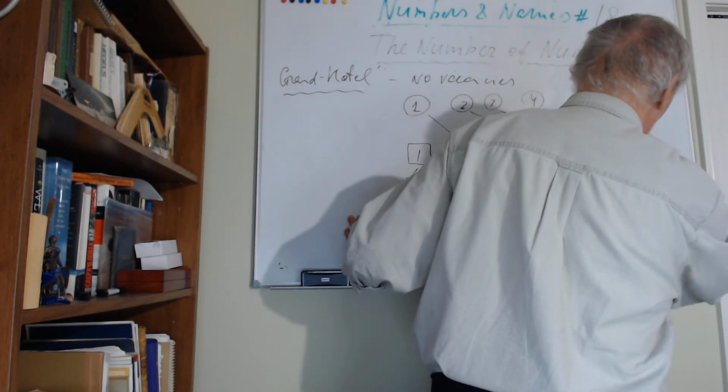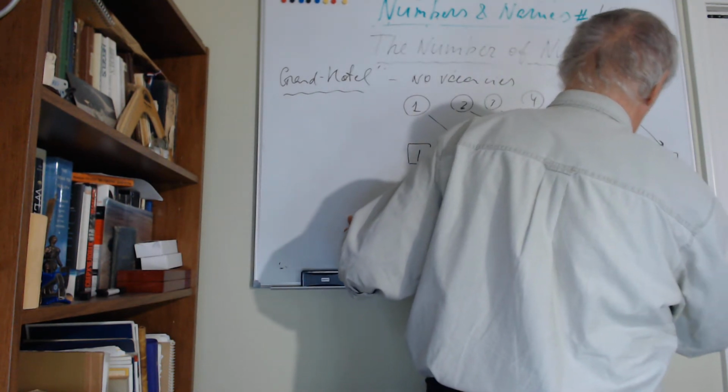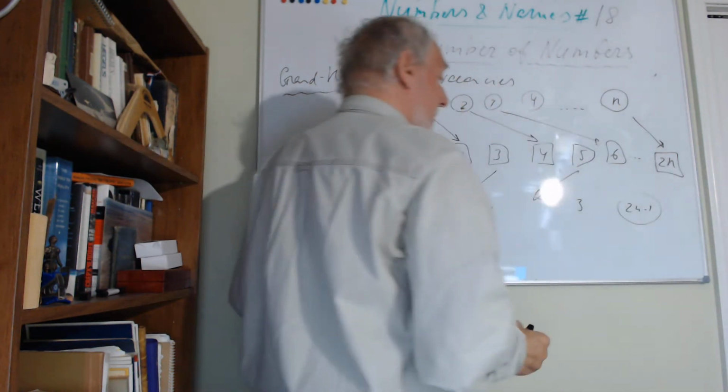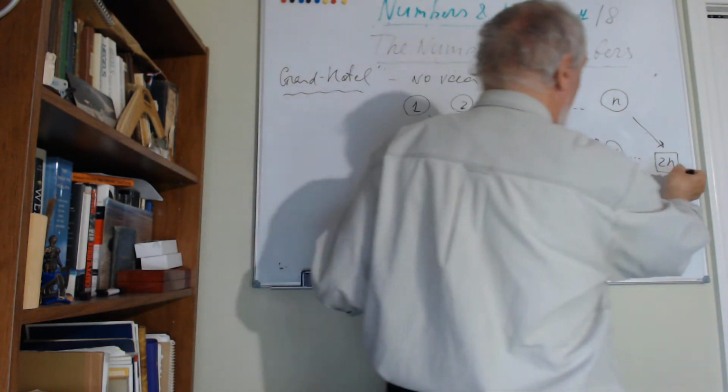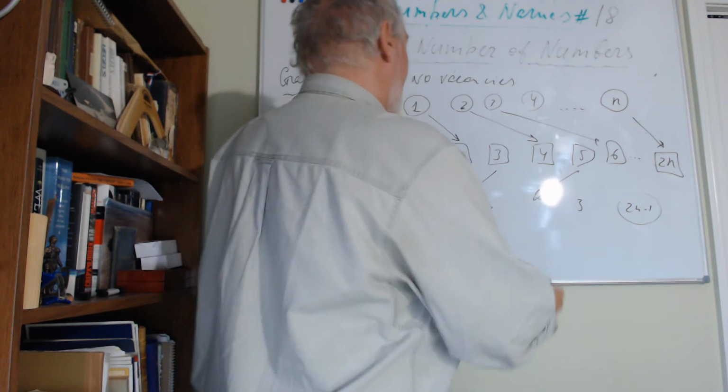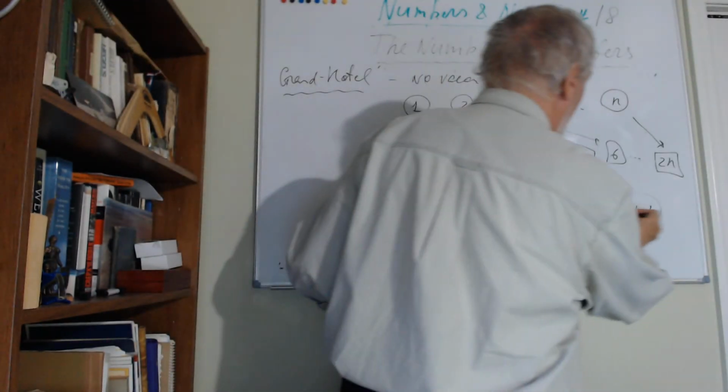Before 2n there's 2n minus 1, and 2n minus 1 is empty too. 2n is filled by the number n. Next is empty again.